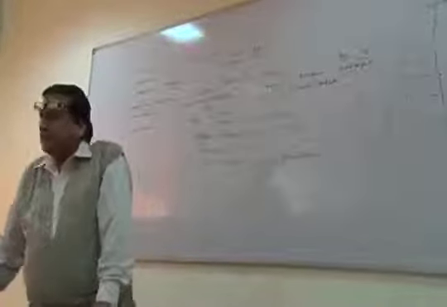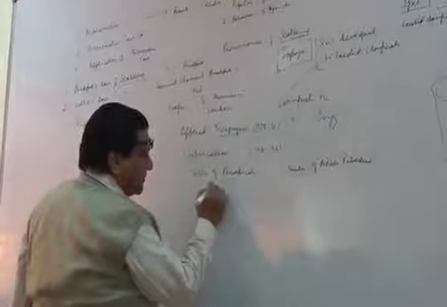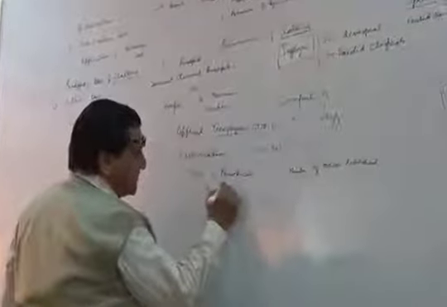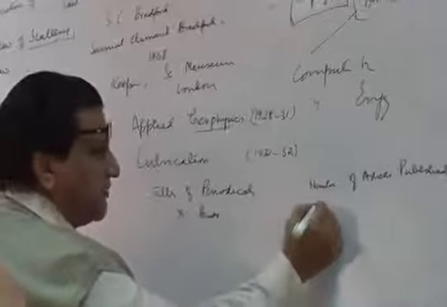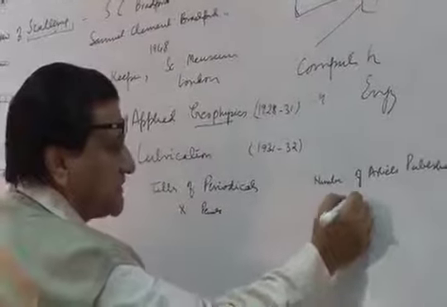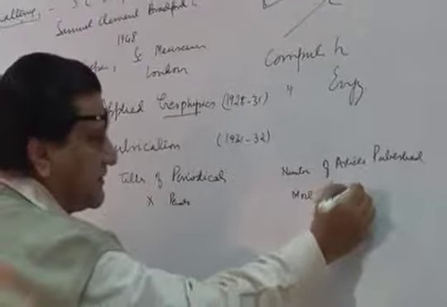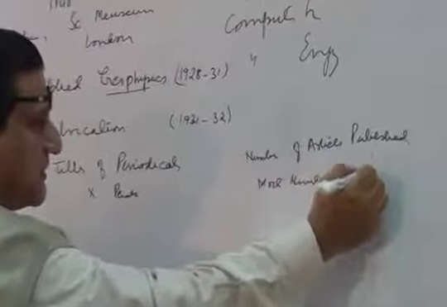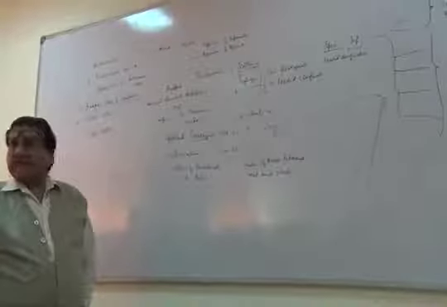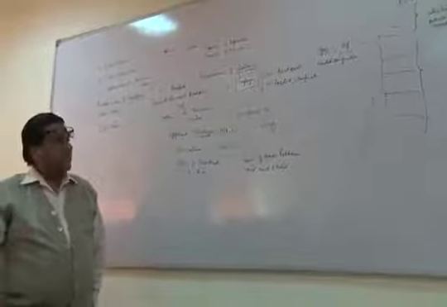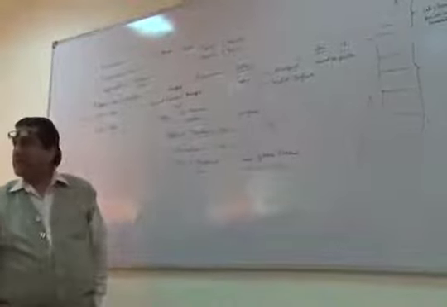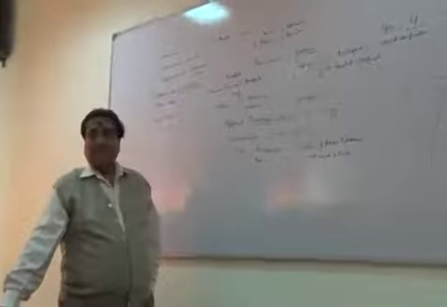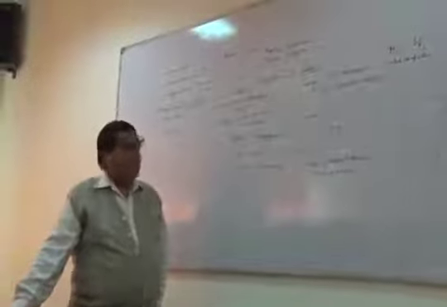Right? What did he do? Suppose X periodical produced the most number of articles. The journal produced the most number of articles that he observed, X periodical.